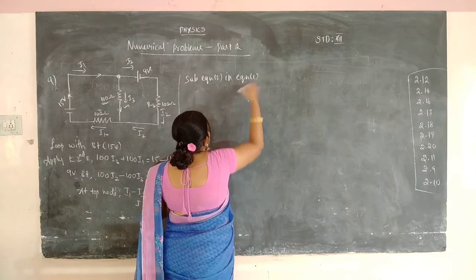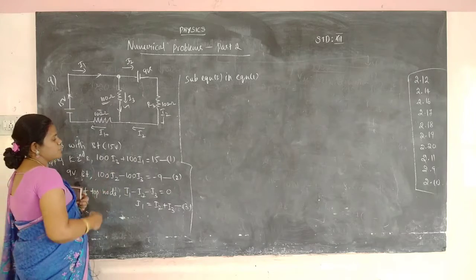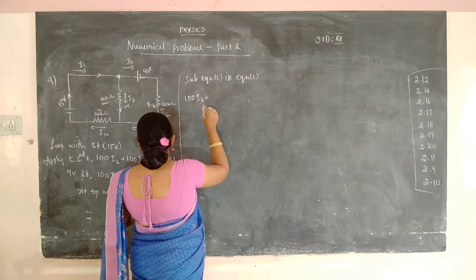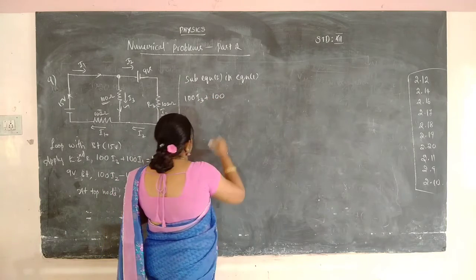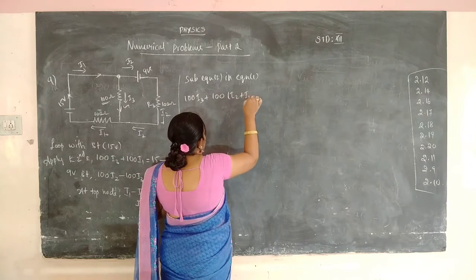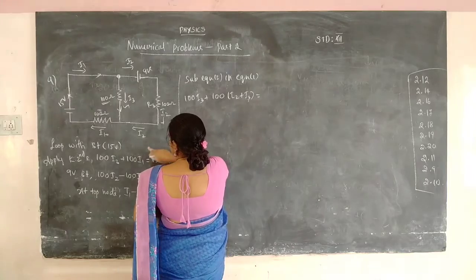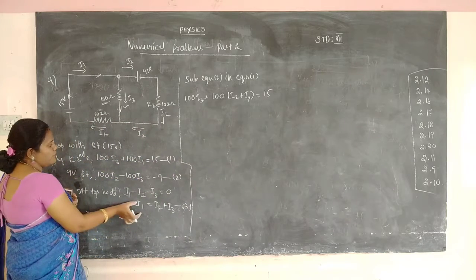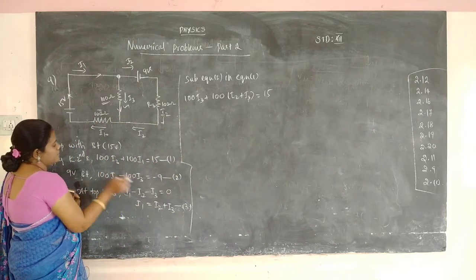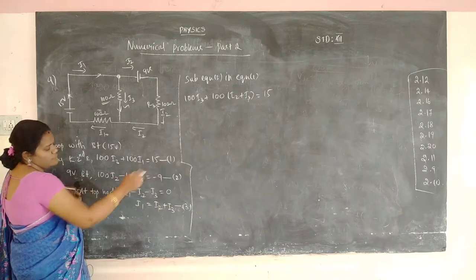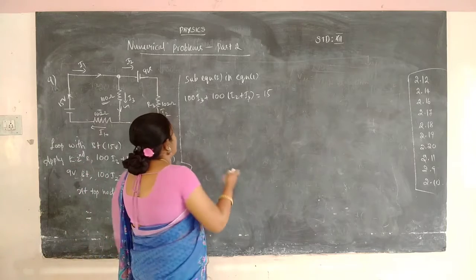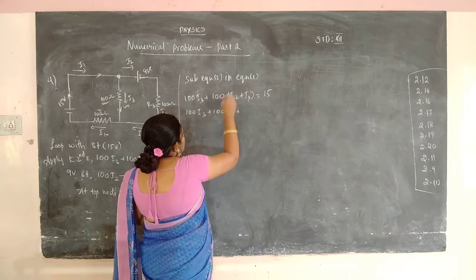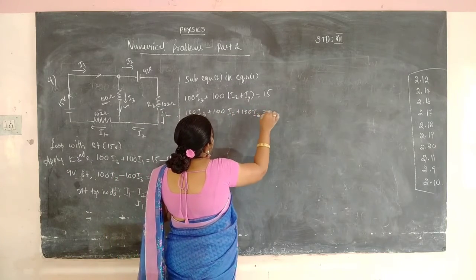Equation 1 is 100 I3 plus 100 I1 is equal to 15. Substituting I1 as I2 plus I3, we get 100 I3 plus 100 into (I2 plus I3) is equal to 15. Multiplying out, 100 I3 plus 100 I2 plus 100 I3 is equal to 15.